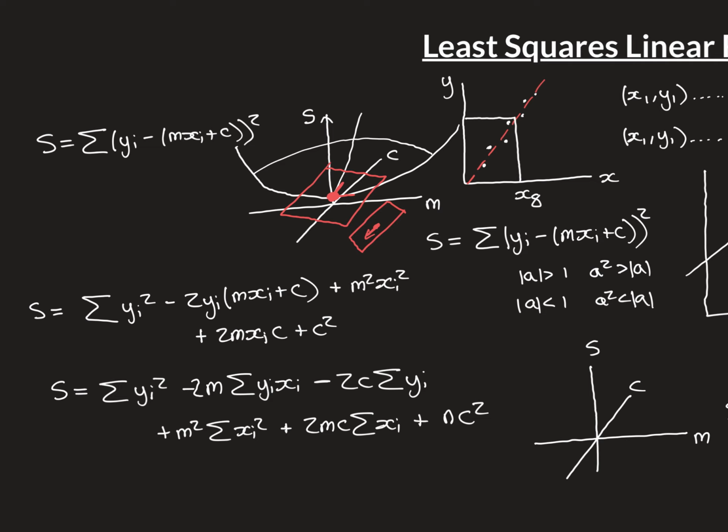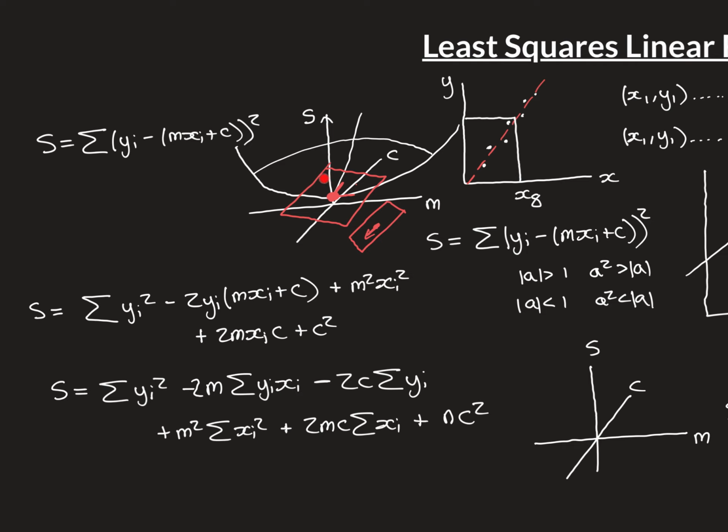The minimum has to be the turning point where the tangent plane is turning from being oriented one direction, in this case this direction, to being oriented in this other direction, and in between those two, it has to go level for a moment.